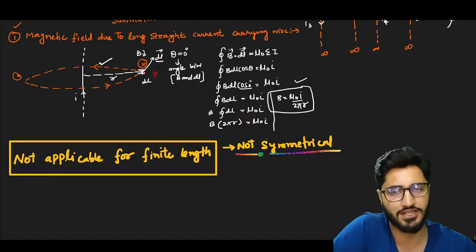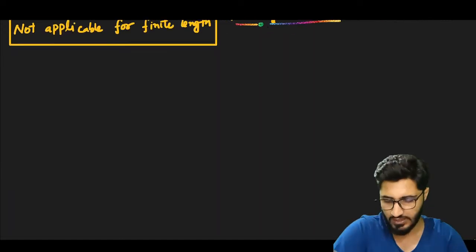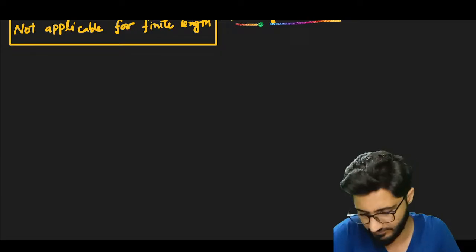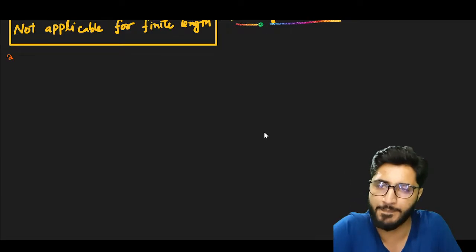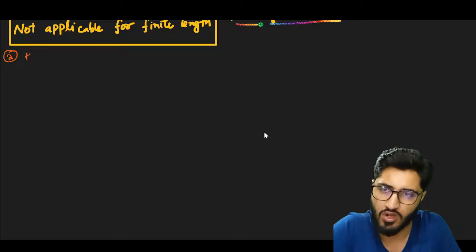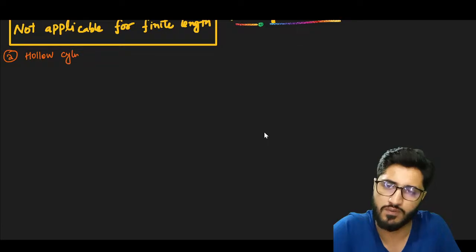Okay, now second application part. Second application part is hollow cylinder. Hollow cylinder, or the second name is hollow pipe.